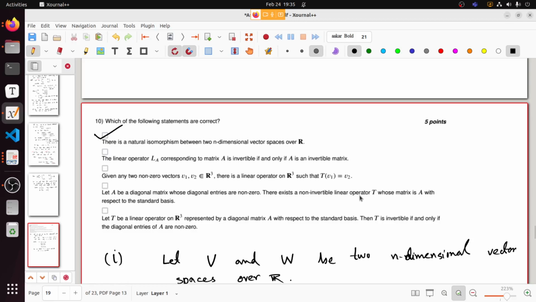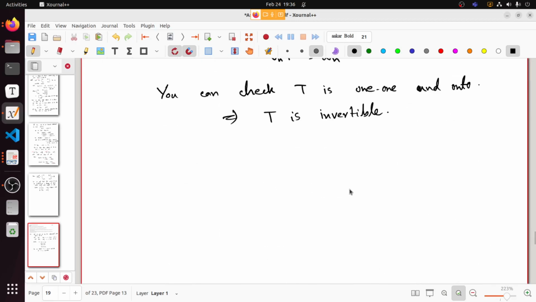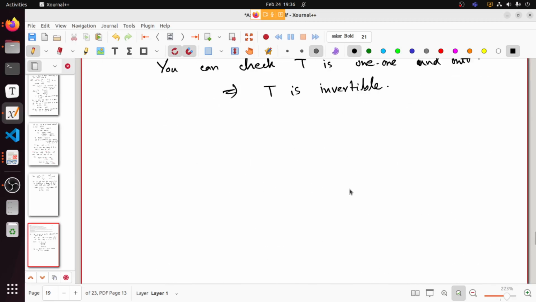So let's move to the next option. What it is saying? The linear operator LA corresponding to the matrix A is invertible if and only if A is invertible. So write down what LA is. LA is a map from Rn to Rn. How is it defined?